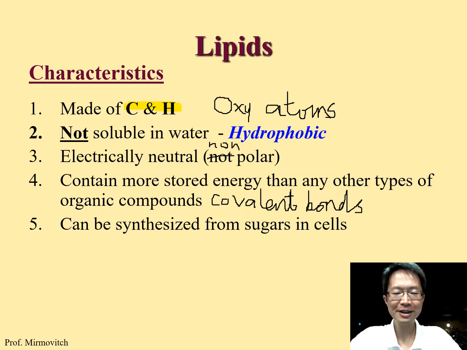So that's the reason why fat contains more energy than other molecules, because it has a fatty acid chain. The fatty acid chain is mainly made up of carbon and hydrogen. And as you know, the bonds between carbon and hydrogen are covalent bonds. So lipids contain a lot of covalent bonds.